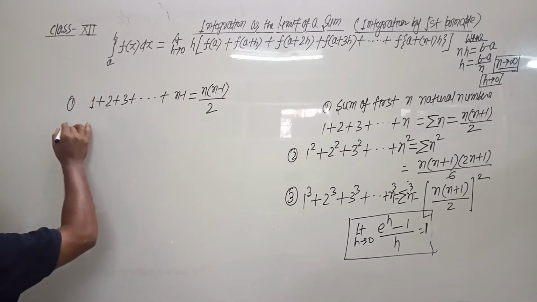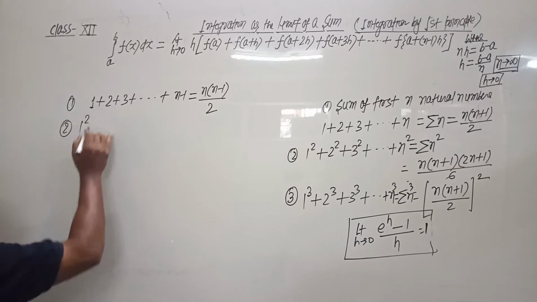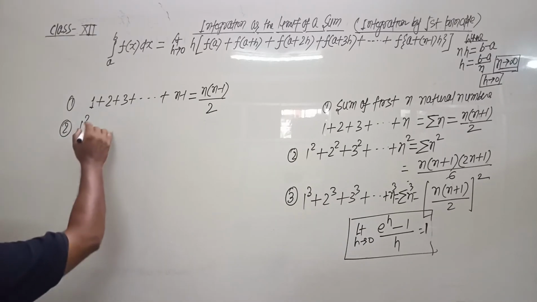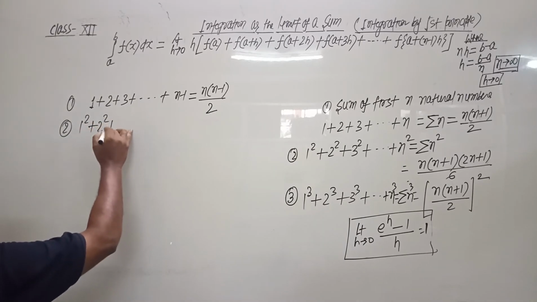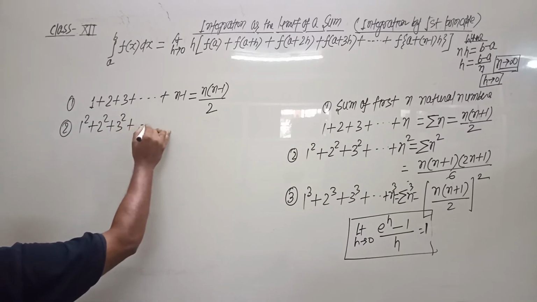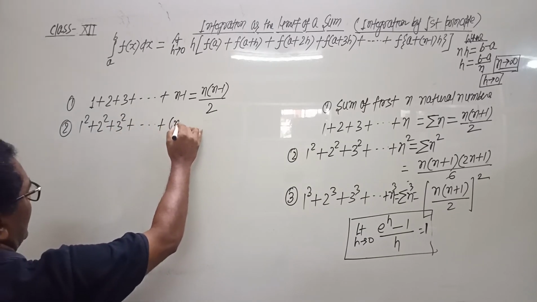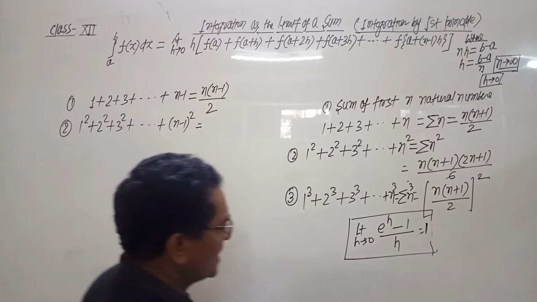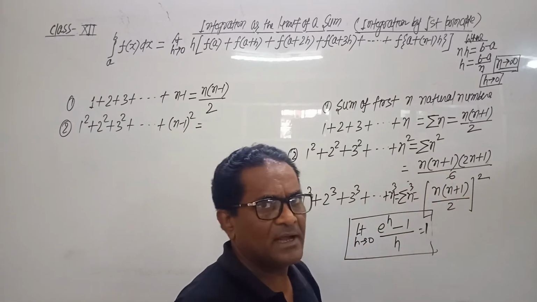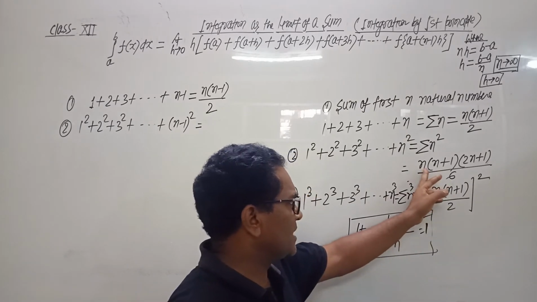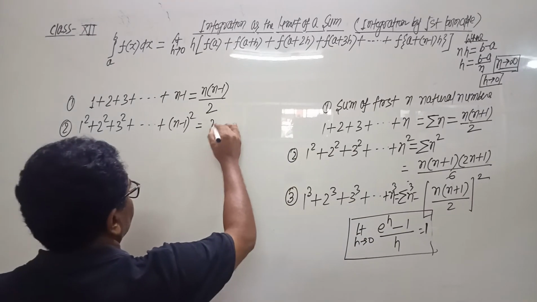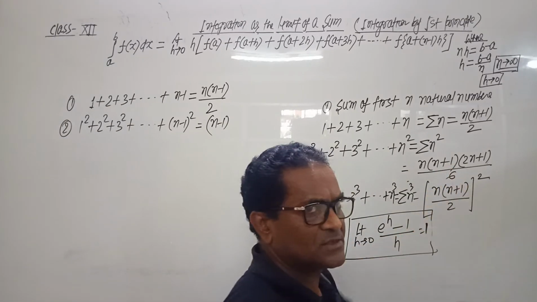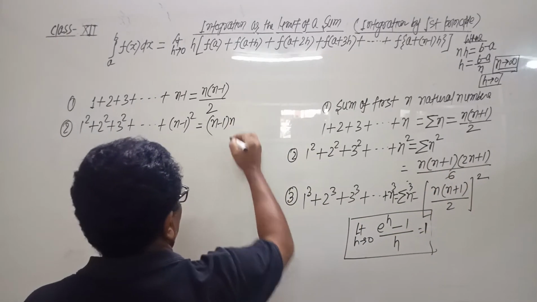And for the sum of squares of n minus 1 terms, 1 square plus 2 square plus 3 square plus ... (n minus 1) the whole square, again we replace n by n minus 1. So this becomes n minus 1, and n minus 1 plus 1 we get n.